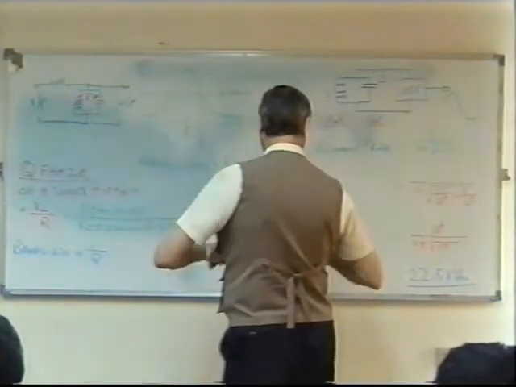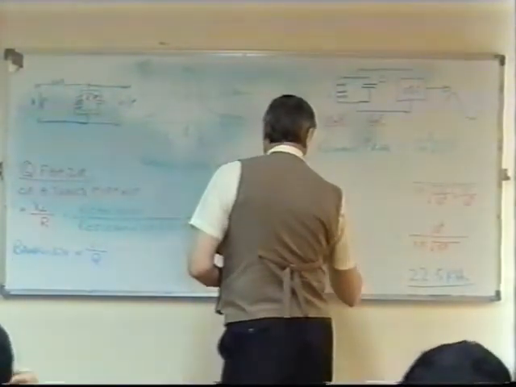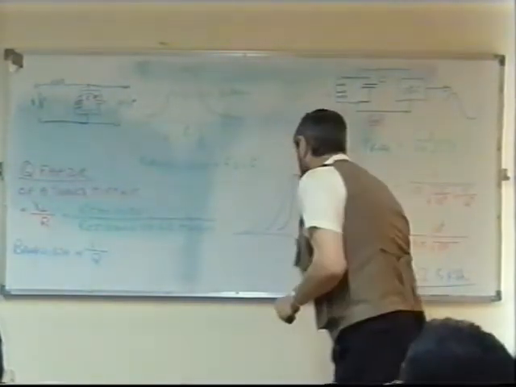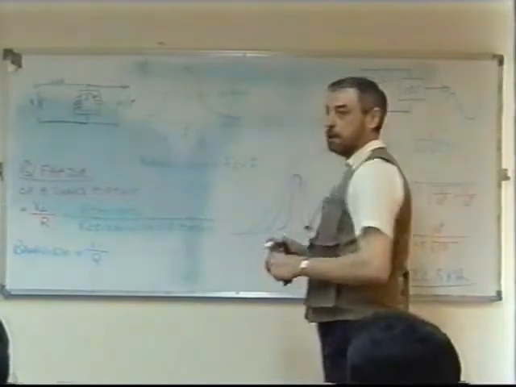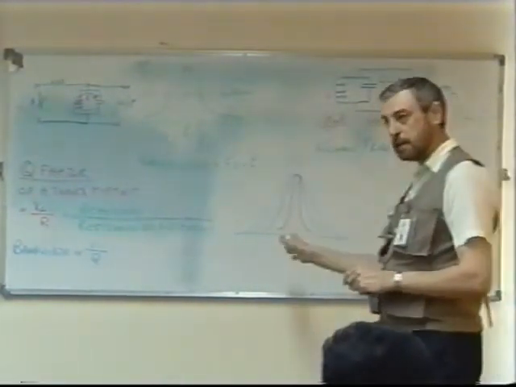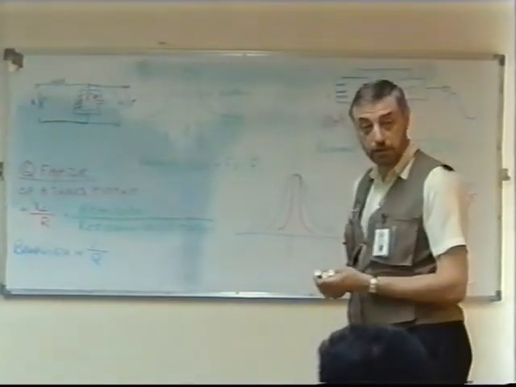I'll draw them in different colours. Now, they're all the same resonant frequency. If you take the L and the C and do this little formula here, you'll end up with exactly the same answer. But we can see they're different circuits because they have different bandwidths.